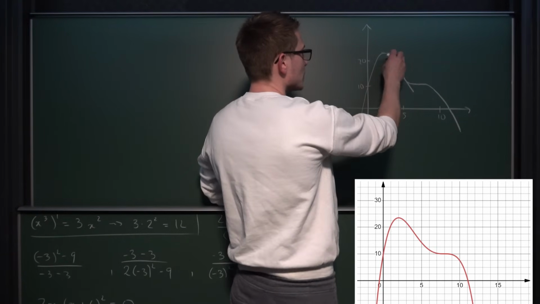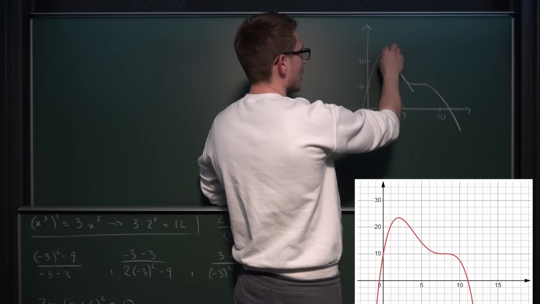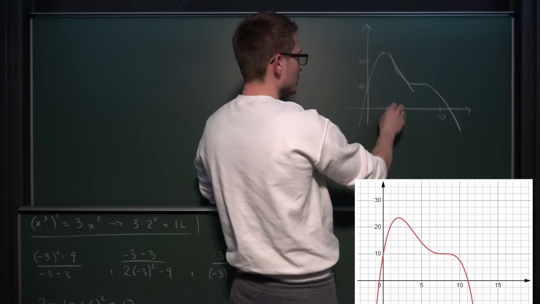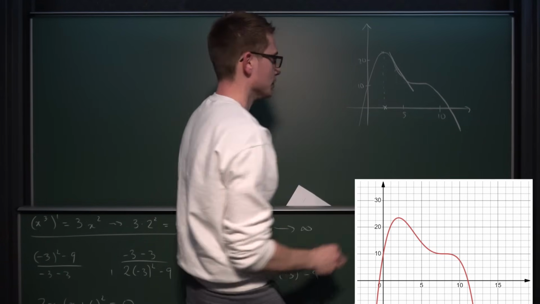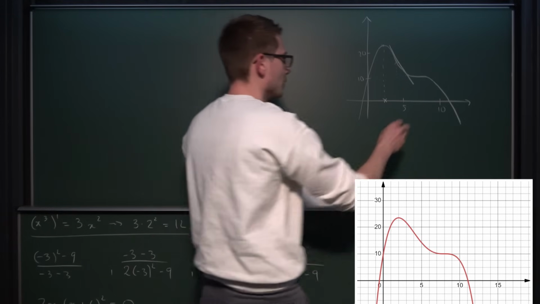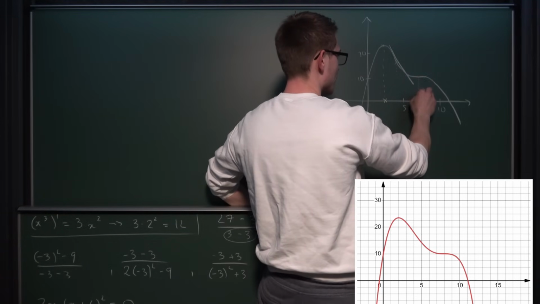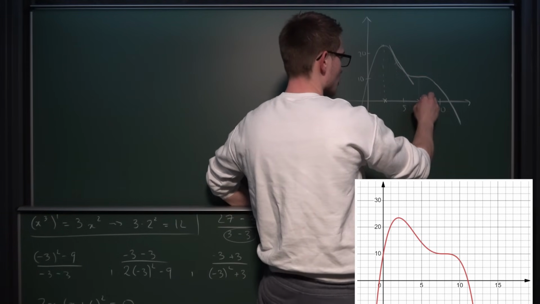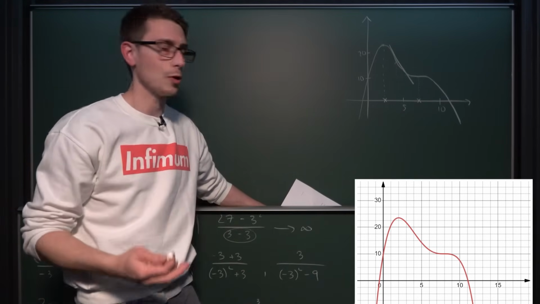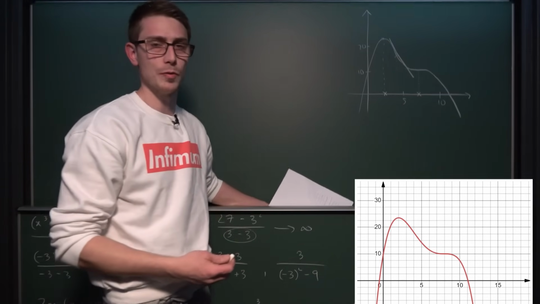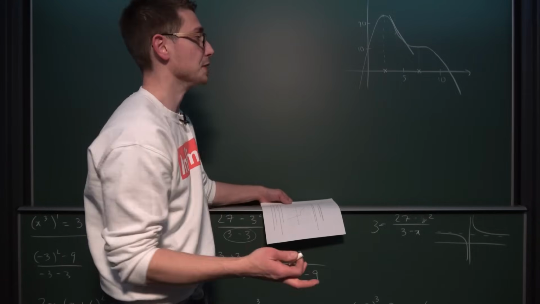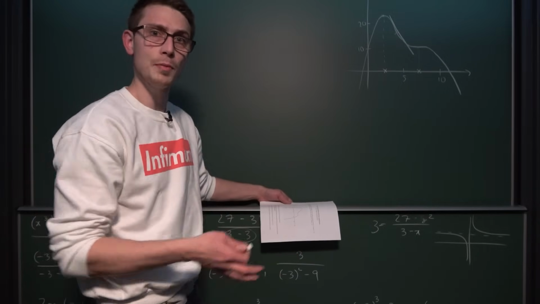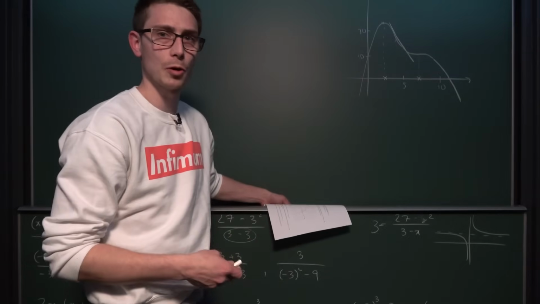Meaning, what we get right here is we have our first one here, meaning this is right here going to correspond to a 0 on our derivative function f prime. And also the saddle right here, where we have a horizontal tangent, is also going to correspond to some kind of 0 of the derivative function. Our derivative function is going to be a third degree polynomial because our original function is a fourth degree polynomial.